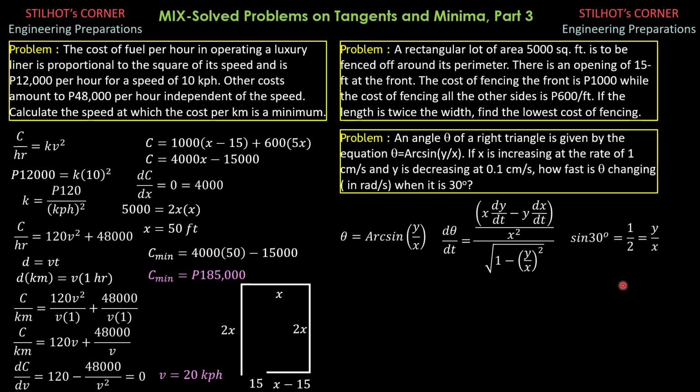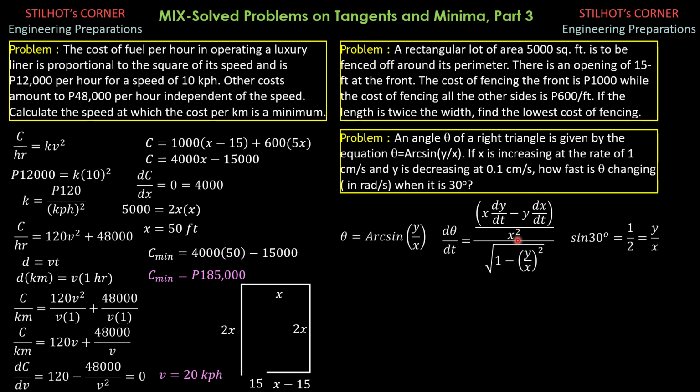So substitute: x is 1, y is 1/2, and y over x is 1/2. So the denominator is the square root of 1 minus 1/2 squared, the square root of 3/4. x again is 1, dy dt is negative because y is decreasing, so negative 0.1, minus y, which is 0.5 or 1/2. dx dt is positive 1, it is increasing.